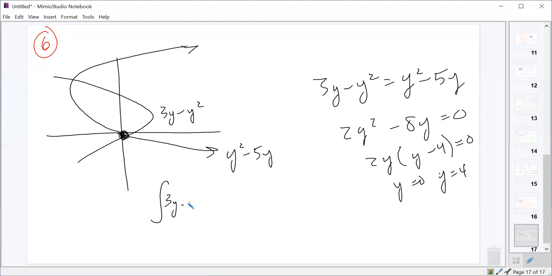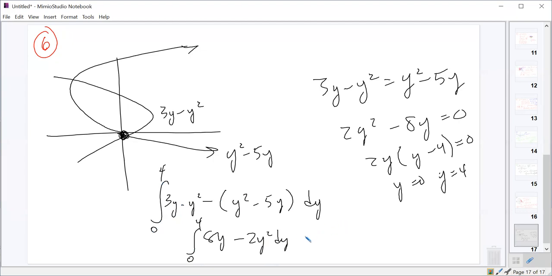The rightmost function, 3y minus y squared, minus the leftmost function, y squared minus 5y, dy from 0 to 4. Simplify before we integrate: 3y minus the negative 5y is 8y, minus 2y squared. So that ends up being 4y squared minus 2/3 y cubed, from 0 to 4.